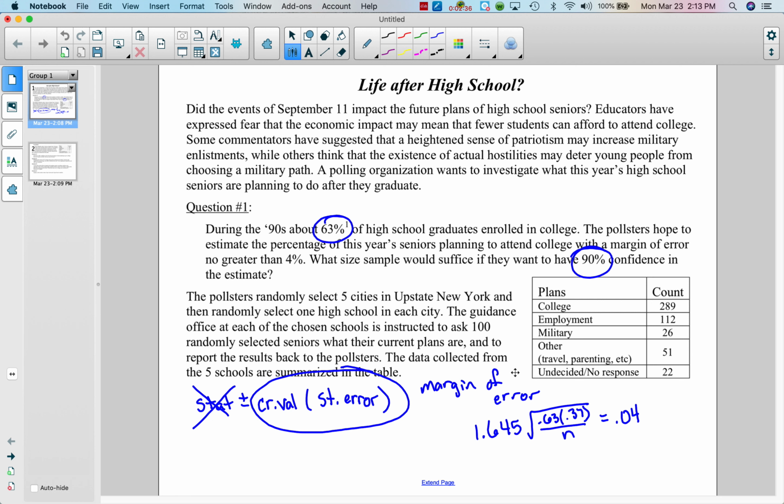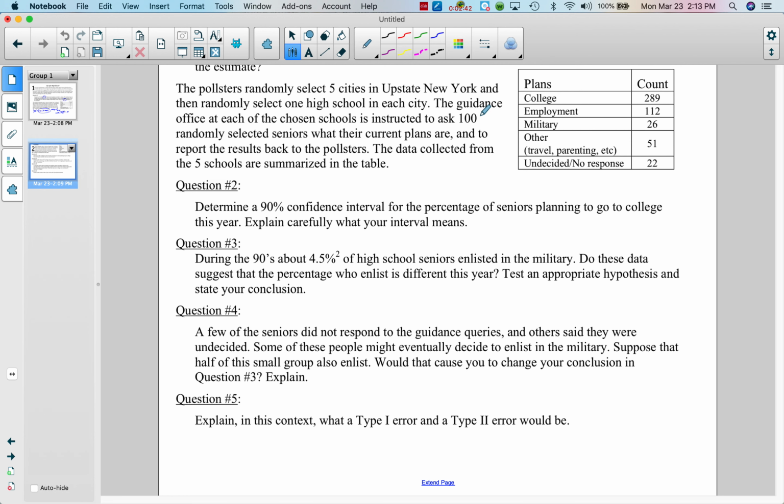Okay, so then now the pollsters randomly select, actually I think I might have this on the next one. The pollsters randomly select 5 cities in upstate New York and then randomly select 1 high school in each city. The guidance office at each of the chosen schools is instructed to ask 100 randomly selected seniors what their current plans are, and to report the results back to the pollsters.